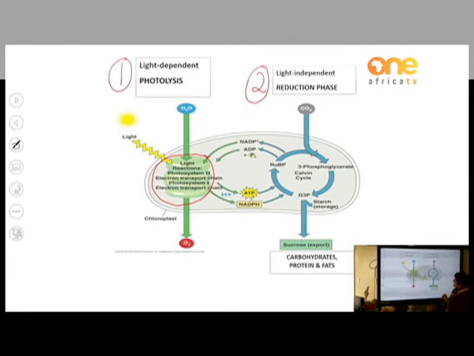And in the second one, we are going to look at whether it is really oxygen that is produced during photosynthesis. So both investigations today will be part of stage 1, the light-dependent phase of photosynthesis. Good.